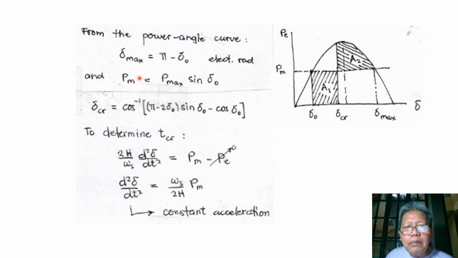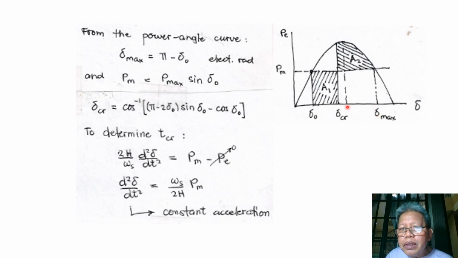Now from the power angle curve, our delta max would just be equal to pi, or 180 degrees, and then we subtract delta O, because our curve is symmetrical.